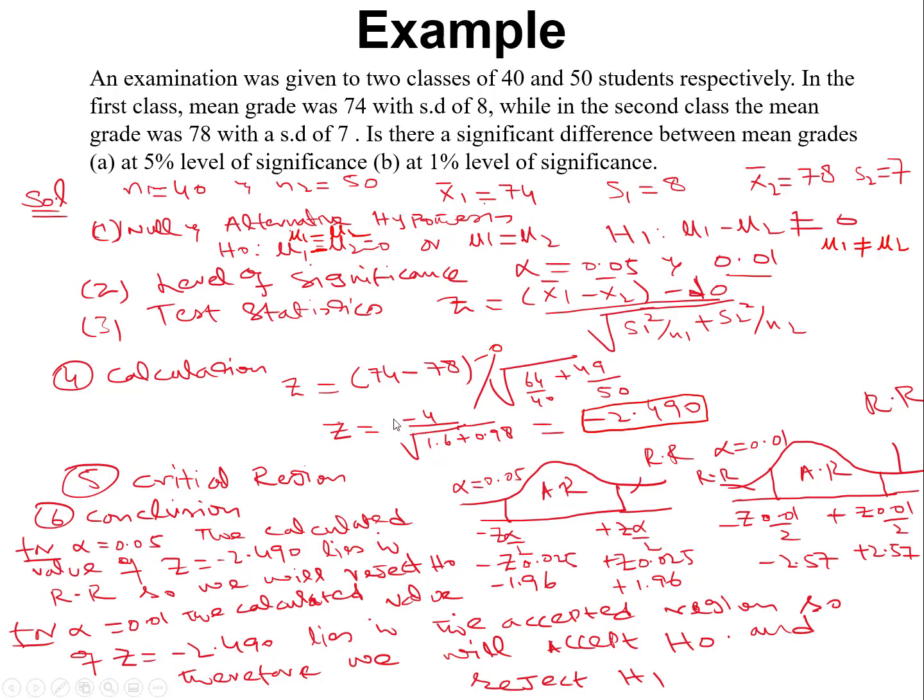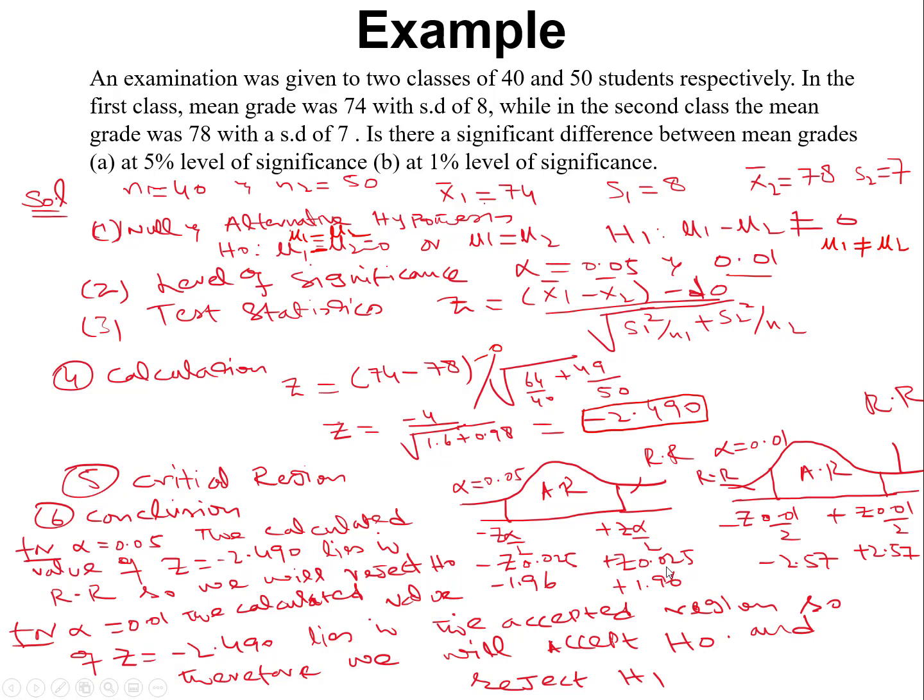Now we construct a critical region, in order to find out the threshold, the boundary for the accepted region and the rejected region. At first, I am going to take the level of significance as 5%. Because this is a two-tailed test, we divide the error into two parts: 0.05 divided by 2, you will get 0.025.